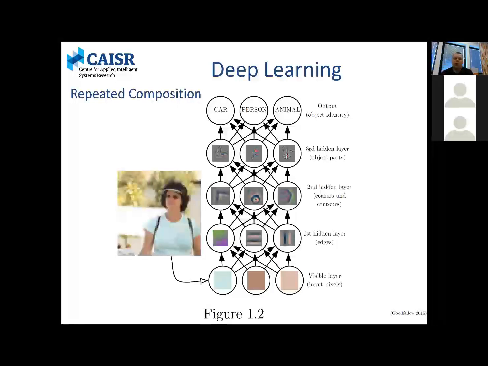So the core idea behind deep learning is this kind of repeated composition. You would start with some kind of data. Here I will use images because it's one of the most successful areas for deep learning. So you start with the input data in terms of pixels.